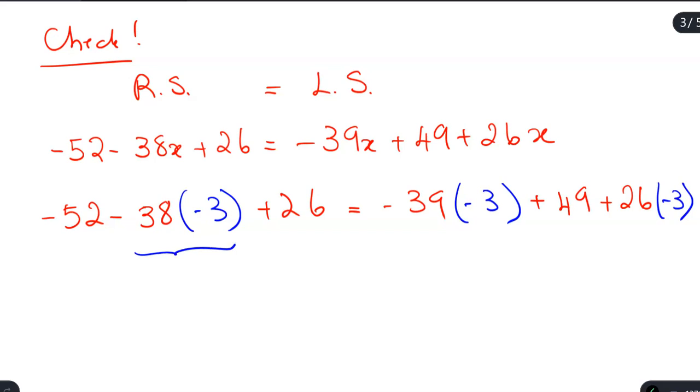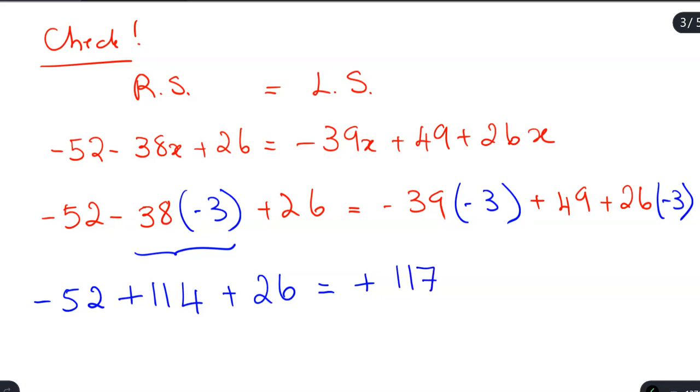Alright, so this one will give me 38 times 3, so negative 52. This should be a positive 114 plus 26. Okay, 39 times 3. This should be a positive 117 and plus 49.